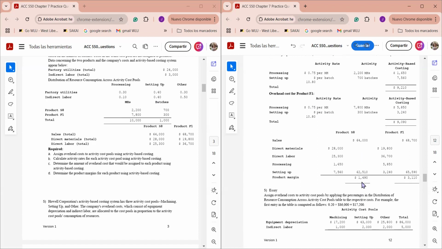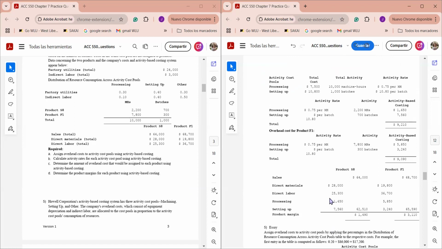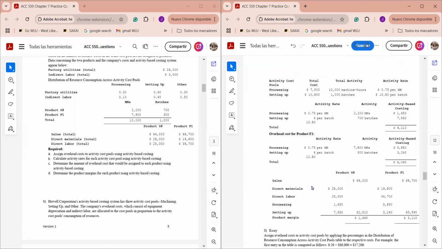Then the last question is telling us to determine the product margins for each product using again activity-based cost. So we just need to take the information that is given to us already, which is our total sales for product S8 and product F1. So we have to put the table again here.